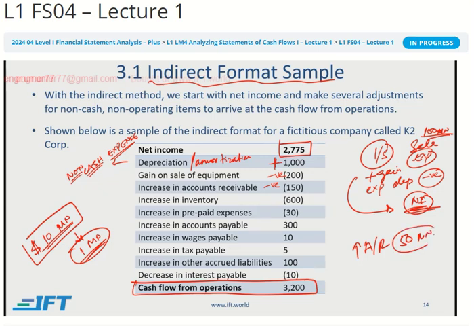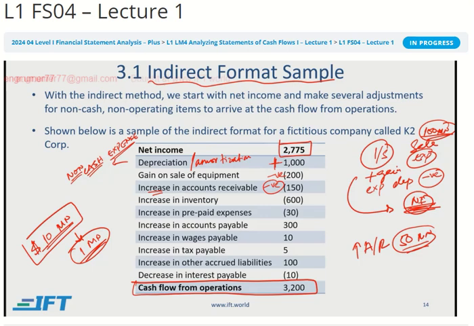So that means this sales that you have done, not all the cash has been received for the sales. So you need to adjust that, because even though that sales will be reflecting in your net income, that doesn't mean the cash has come in for that. So if your account receivable is going up, that means it is money getting stuck up in your customers' receivables, and therefore any increase in accounts receivable is negative.